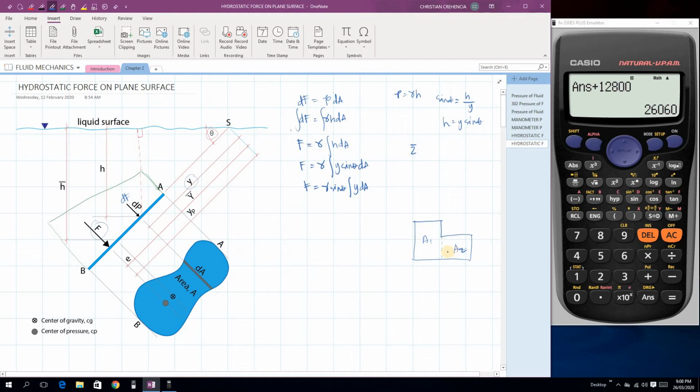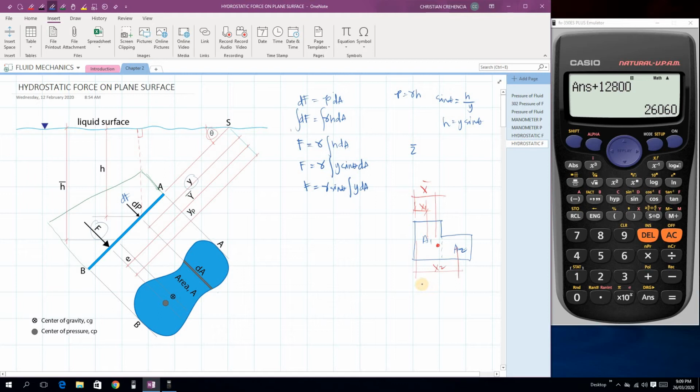Kung kukunin natin, let's say this is gitna nito, let's say that is x1. Mula dito sa reference hanggang sa gitna, that is x2. Then yung centroid ng area natin, let's say somewhere dito. Yung distance na yan is yung ating x bar. So, paano natin kinukuha yung centroid of an area?